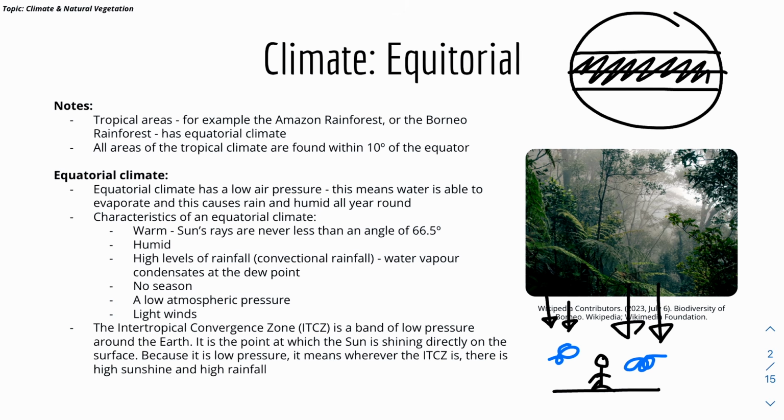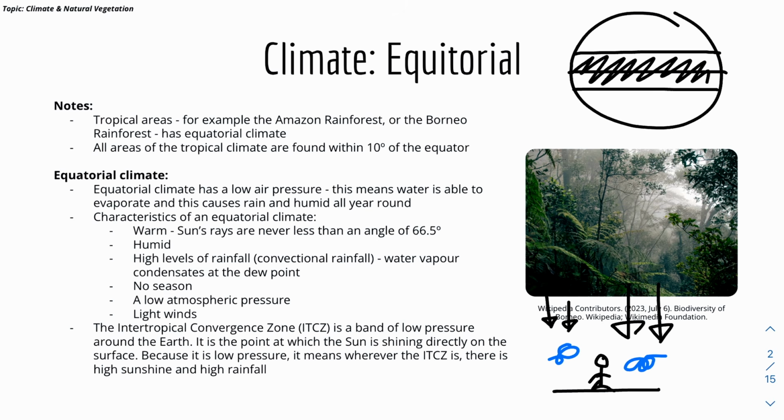This is an important note on why it rains or where it rains. The Intertropical Convergence Zone, or ITCZ, is a band of low pressure around the Earth, the low pressure zone around the Earth. It is a point at which the sun is shining directly on the Earth's surface, and it has low pressure. Because it has low pressure, wherever the ITCZ is, there will be high sunshine and high rainfall.